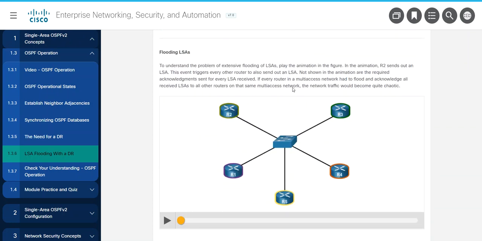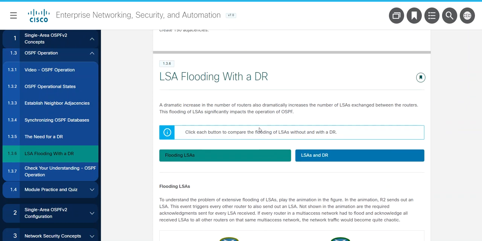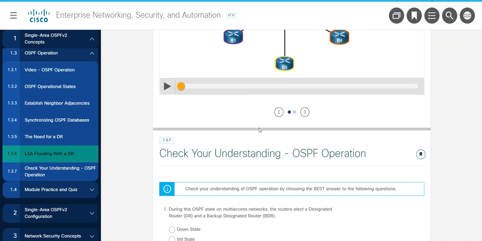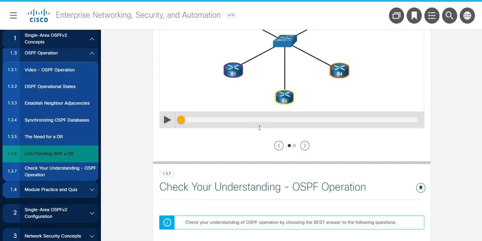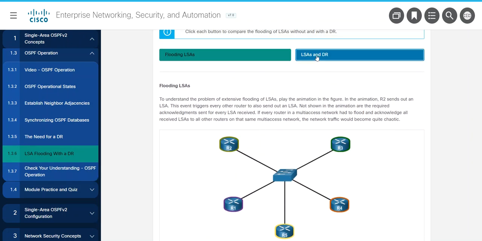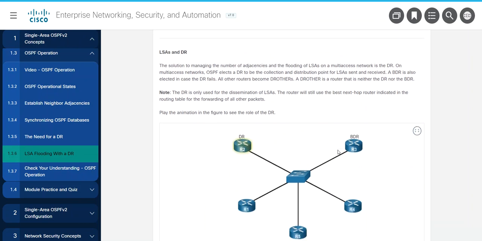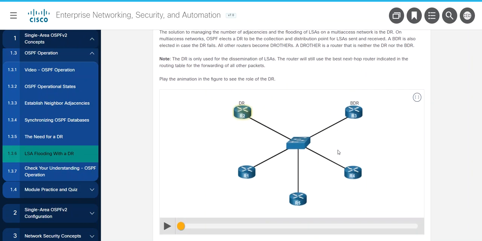If you look at 1.3.6, you can see an example of what the flooding would look like. But it's recommended that you choose a designated router and a backup designated router within a network. If you do that, it'll manage the flooding of information, because the designated router will be the one that disseminates all the information, as opposed to random devices doing that.